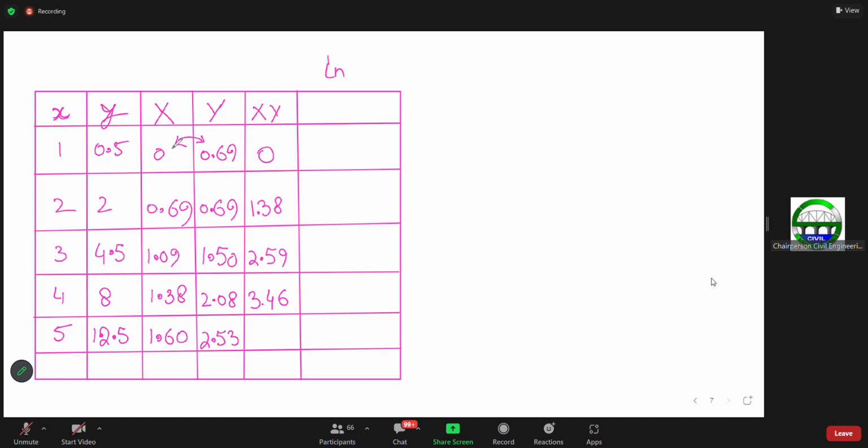Okay, so now we have this one. This one is negative, so it will be 0. This one is 1.38. And how about this one?